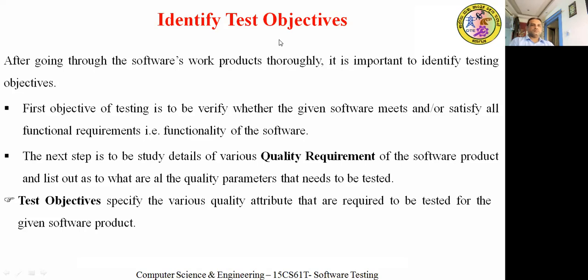The next step is to study details of various quality requirements of the software product and list out what all the quality parameters are that need to be tested. The test objectives specify the various quality attributes that are required to be tested for the given software product.